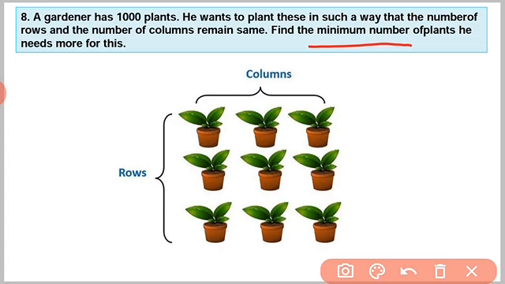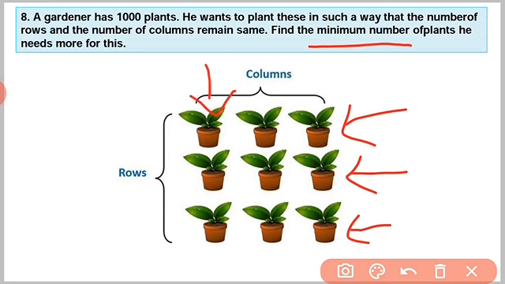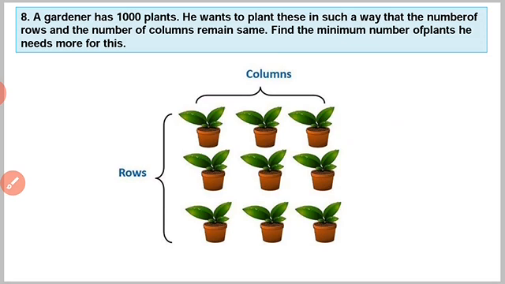Consider plants arranged in columns and rows like this. There are total 3 columns and 3 rows. Let's count the number of plants in this picture.